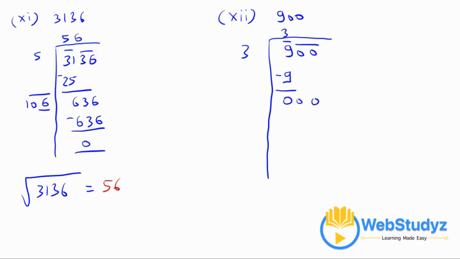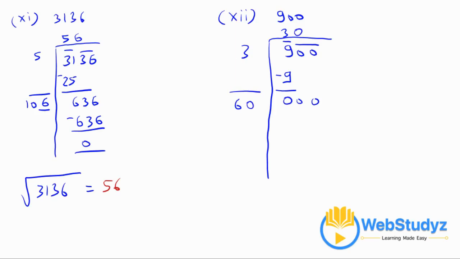Now again taking 0, 0. So doubling the value of quotient as 6. So here we have 2 more zeros. So we have to take 0 for dividing 0.